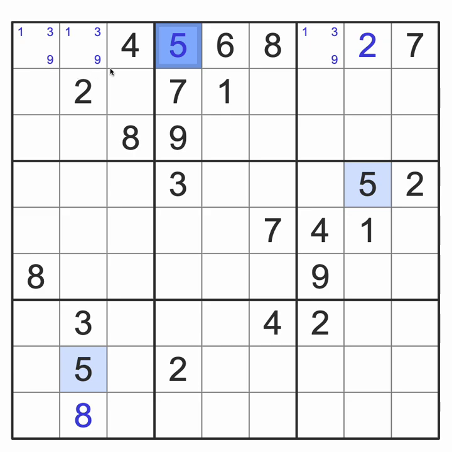And I thought that should give me more. Okay, let me clean this up. This cell is blocked by 9 in box 6, so it's 1 or 3. 3 in box 7 blocks this cell, so this will be 1 or 9.